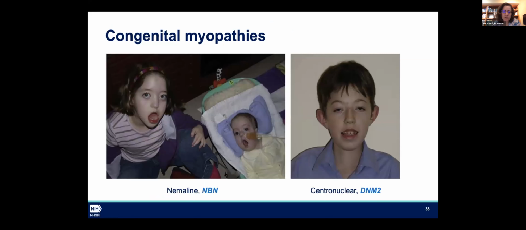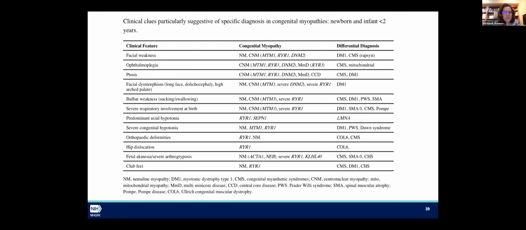And other congenital myopathies, again, can have similar findings, but of course they are very severe, severe facial weakness, this U-shaped mouth, dolichocephaly, like this long, elongated face, ptosis of the eyelids. Just as an example, nemaline or centronuclear myopathy can affect the facial muscles predominantly.